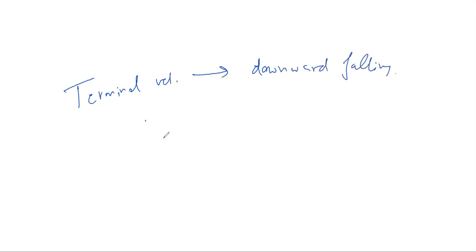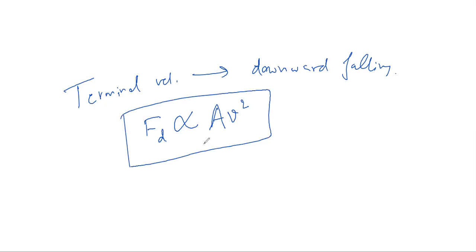Now, this drag force depends on certain factors. The most important factor is that it depends on the area of the object and the square of the velocity of the object. This is the simple assumption that we can take.